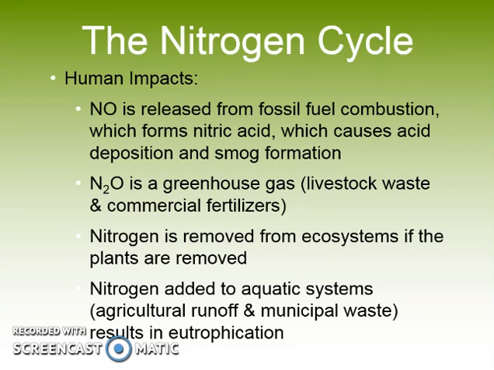Nitrogen is also removed from an ecosystem when plants are removed. So a lot of our nitrogen we are using for agriculture because we remove the crop from the ground and we ship it out to be eaten. And there's no plant material or natural fertilizers getting decomposed to replenish that nitrogen in the ground.